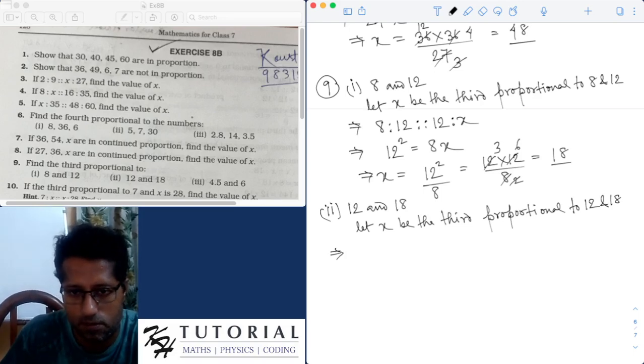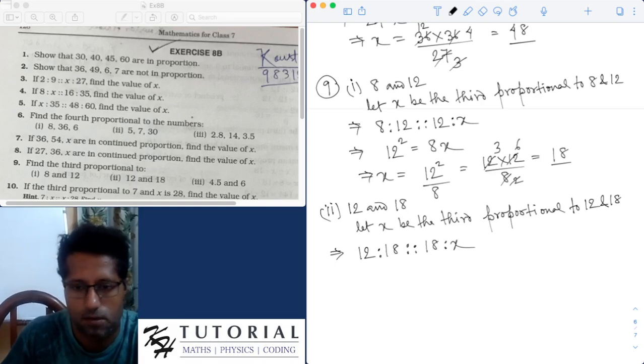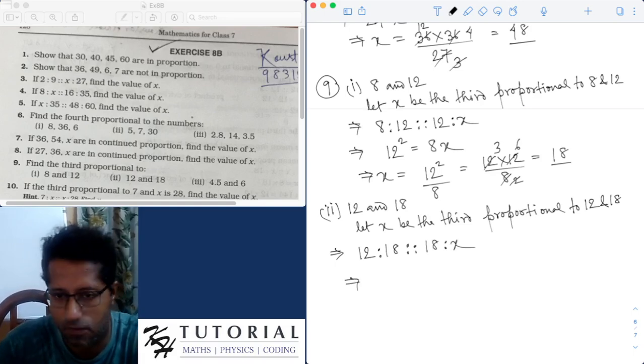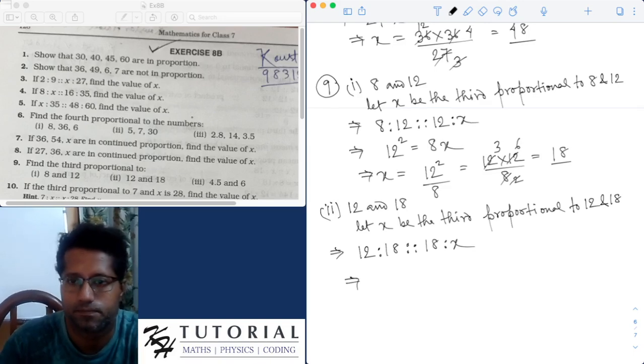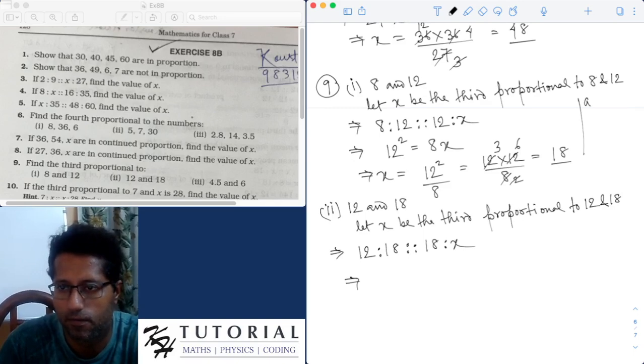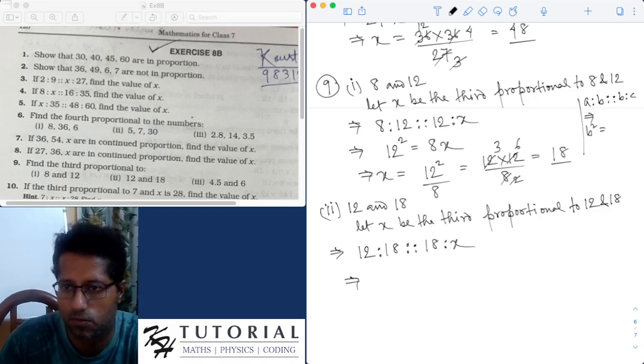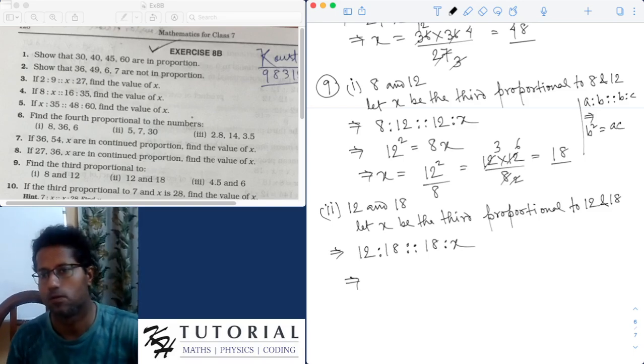This implies 12 is to 18 is equal to 18 is to x, and from here we directly apply the formula: if A, B, C are in continued proportion, then B square equals AC.